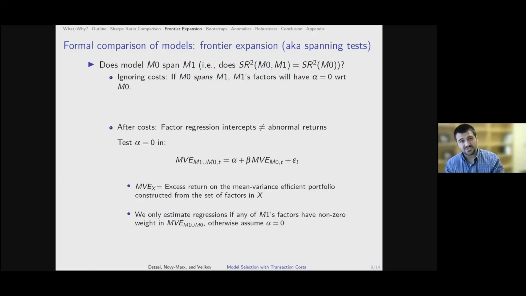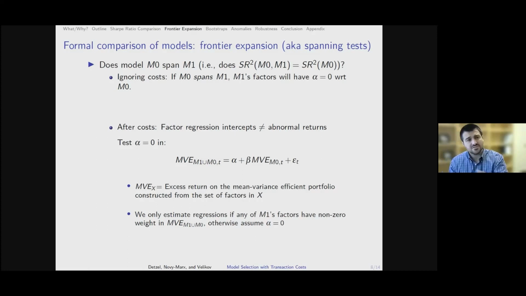So what we'll do is essentially a multi-factor version of a statistic which Robert and I developed in an earlier paper, called generalized alpha. We'll test whether alpha is equal to 0 in a regression that on the left-hand side has the excess returns on the mean-variance efficient portfolio constructed from the union of the factors in the two models, and on the right-hand side, the mean-variance efficient portfolio from the factors of the base model alone.